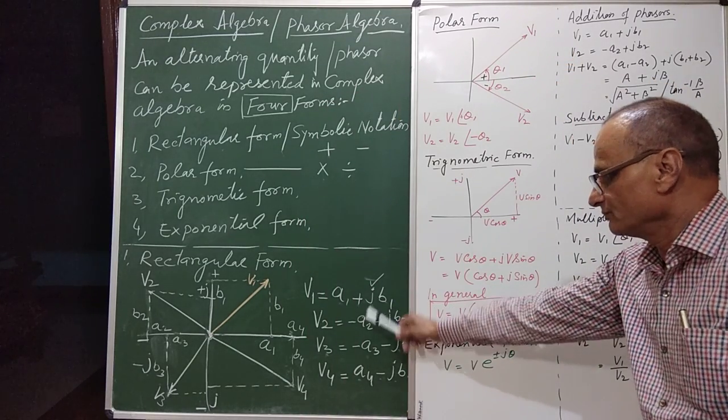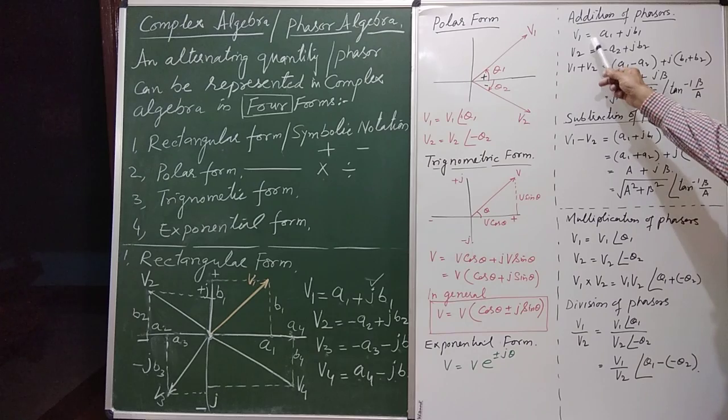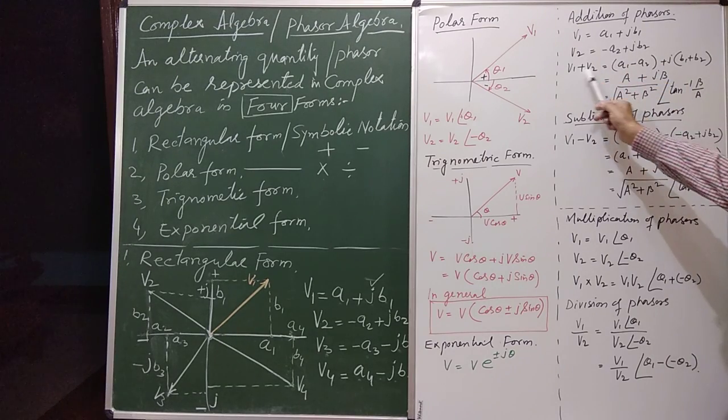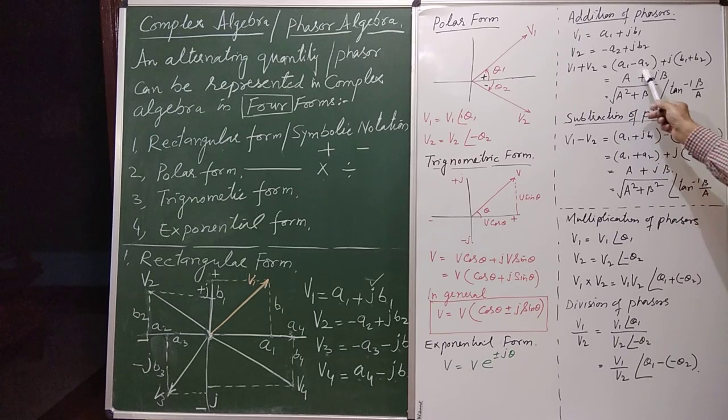V1 is given as A1 plus jB1, V2 is given as this. To add these two, add the real parts together and the imaginary parts together. So we get this quantity becomes A, this quantity becomes B, and theta is tan inverse B by A. So this is its resultant.